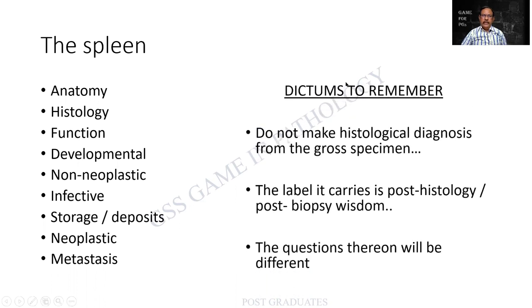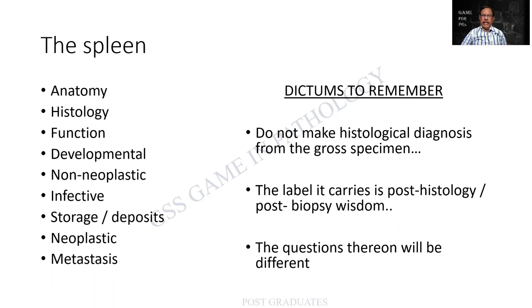There are certain dictums, however, which we should remember. First and foremost, do not make a histological diagnosis from a gross specimen. For example, non-Hodgkin's lymphoma, small cell type. The label it carries is post-histology or post-biopsy wisdom.